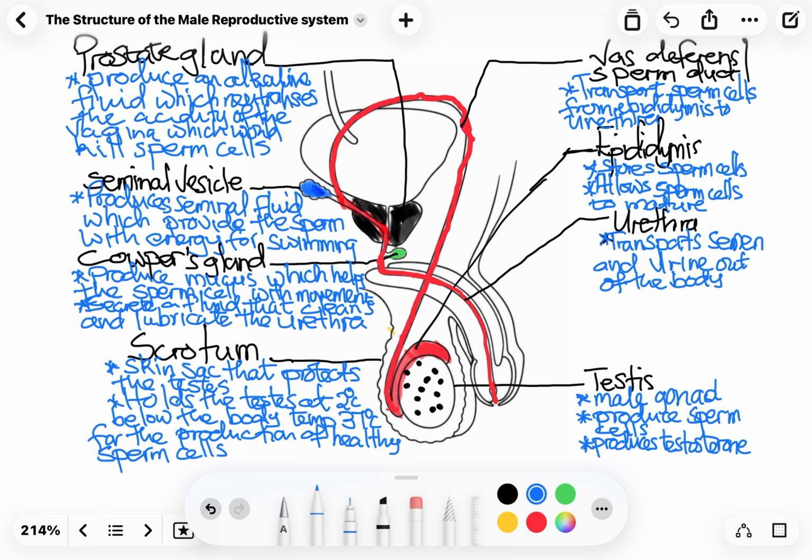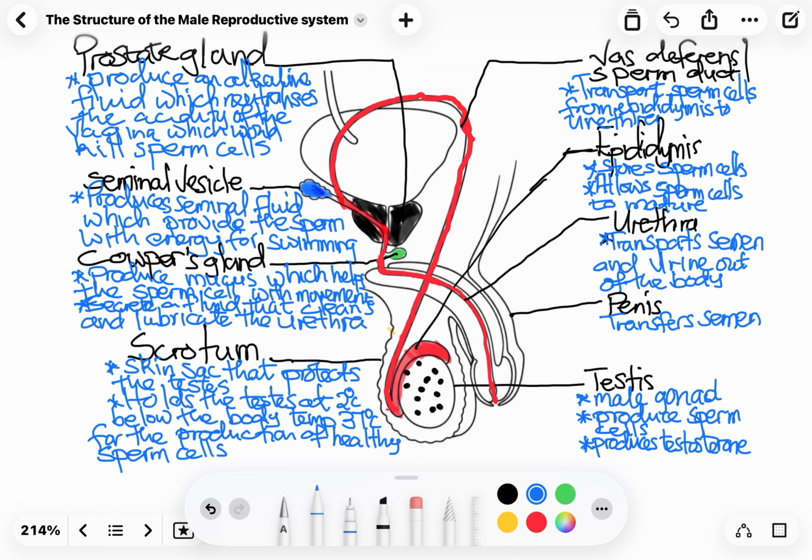And lastly, we're gonna look at this structure, which is our penis, which is the organ in this system. This organ transfers semen. We're now talking about semen, no longer sperm cells.